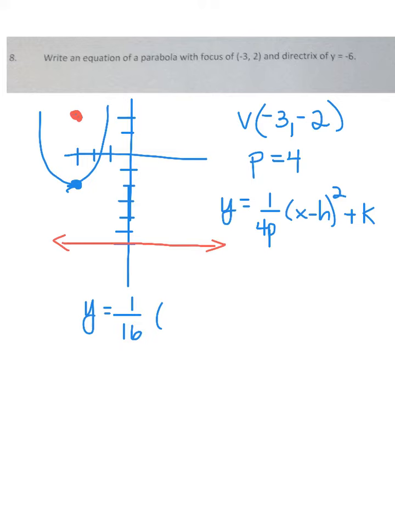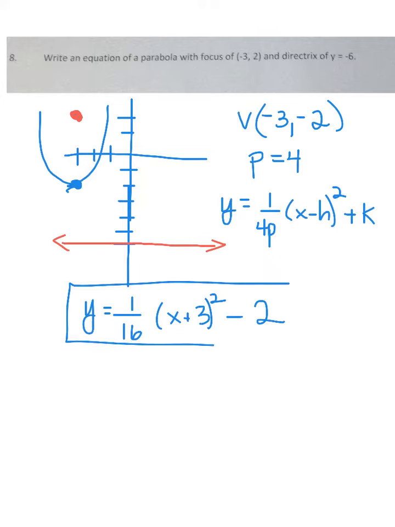So isn't that really x plus 3? So x plus 3. And then plus whatever k is. And remember the k is simply your y value here. So plus a -2. And I don't really like to write plus a -2, so I'm just going to write -2. And there's the equation of your parabola.